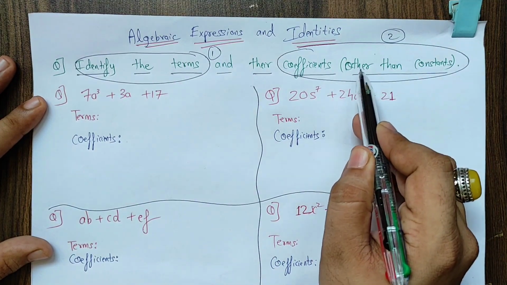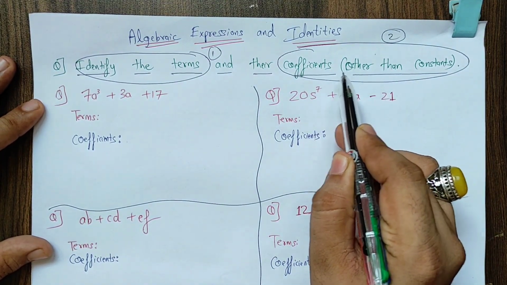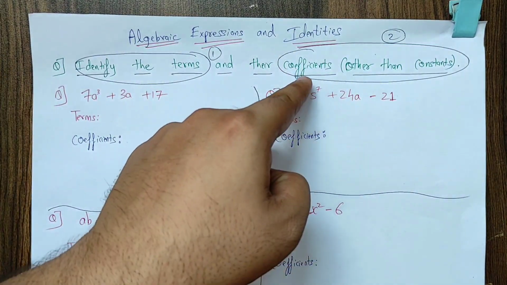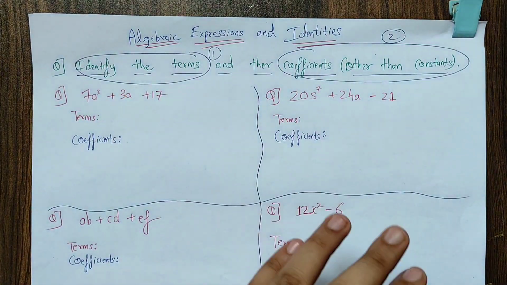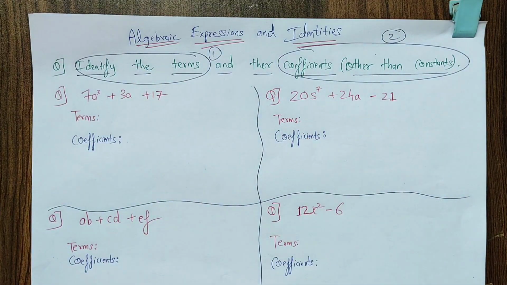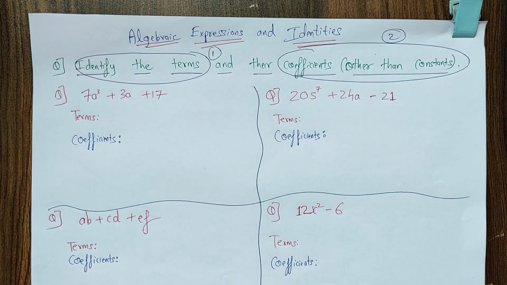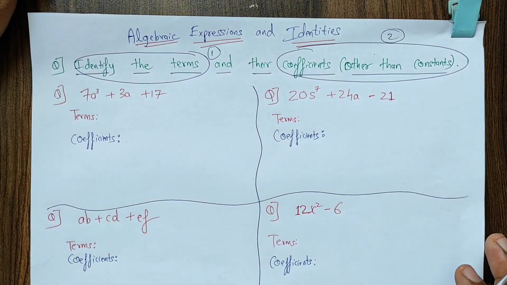But here they have expressed it clearly that other than the constants means we have to write the coefficients, but not for those terms which are constants. I know many of you must be a little bit confused, so let's start.